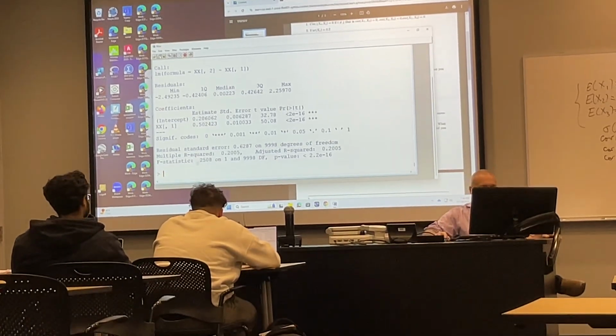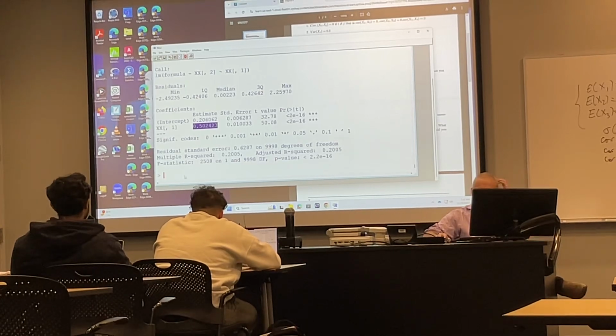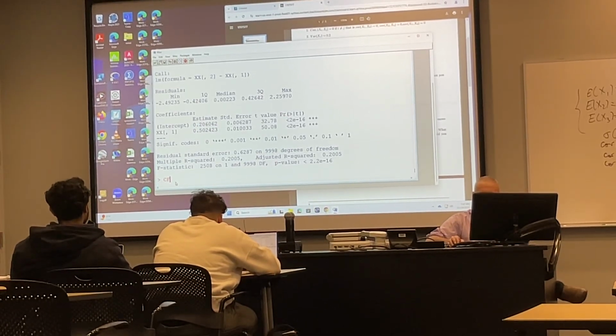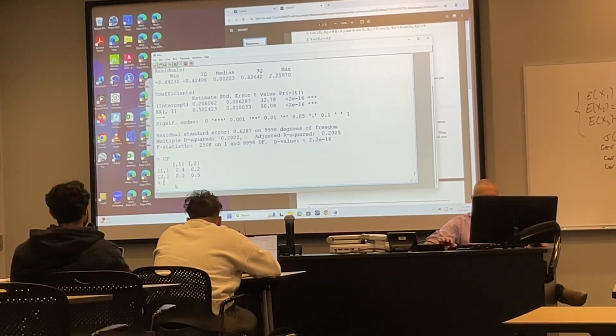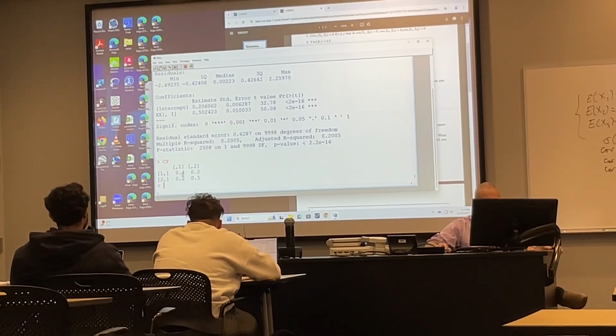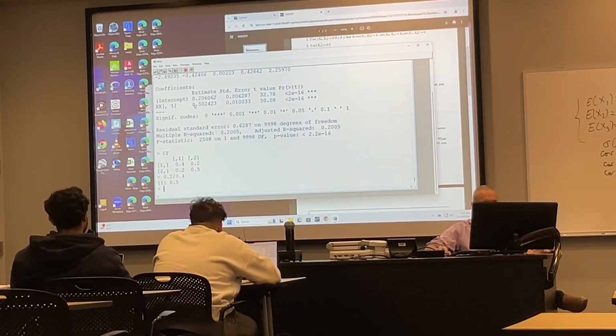So I have the intercept and I have the beta here, right? So now, if I look at CF and I want to calculate beta independently, what do I need to do? I need to take the covariance between x1 and x2 and divide by the variance. So I have here that it's going to be 0.2 divided by 0.4, which is 0.5, which is pretty close to this number.